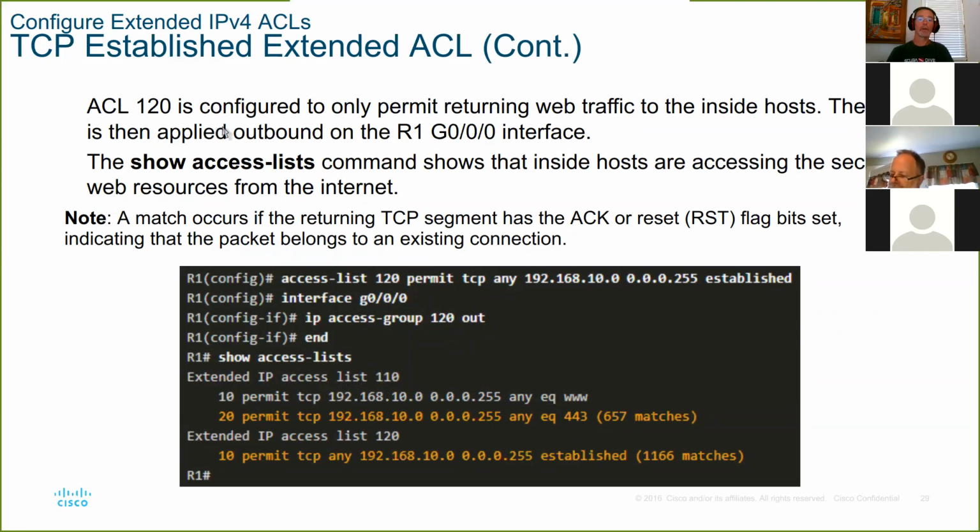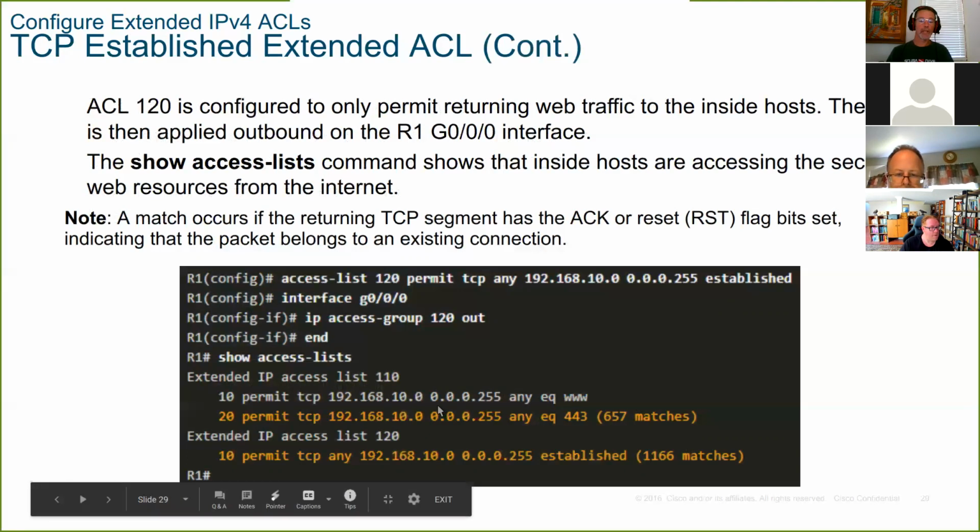So in this one, we're going to permit returning web traffic. Access list 120, permit TCP from anywhere going to the 10 network, as long as it was established. I don't have to specify web traffic. It's just anything. Maybe it's Telnet, maybe it's web, maybe it's FTP. We're allowing that back in.